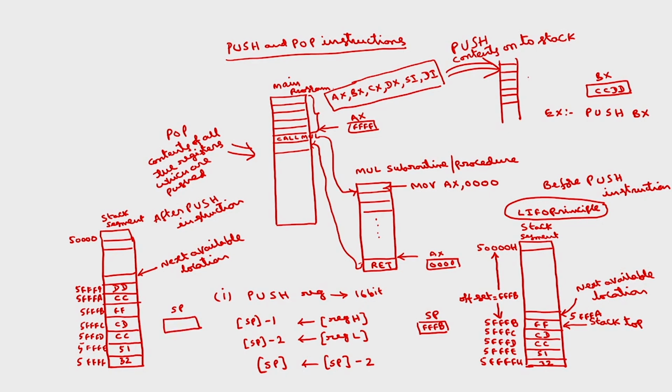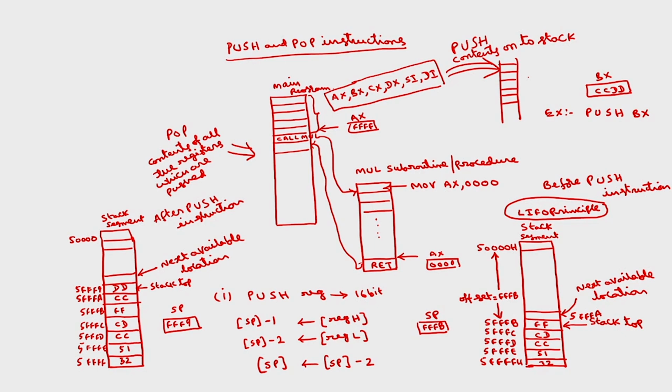We know that the stack pointer always holds the offset from the starting of the segment to the stack top. Now this becomes the stack top. So it's clear that the difference from here to here is FFF9.